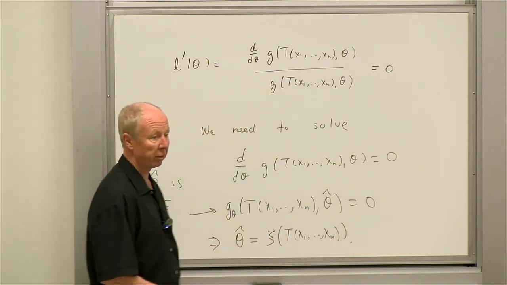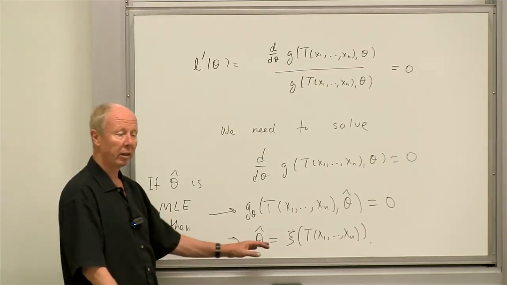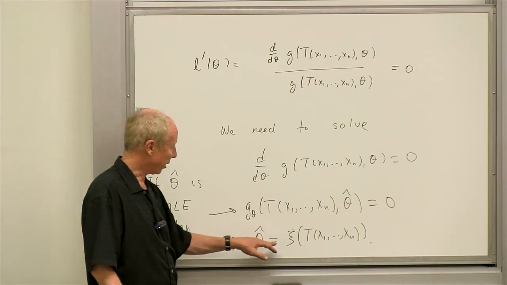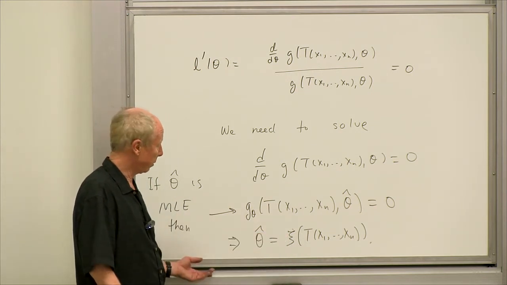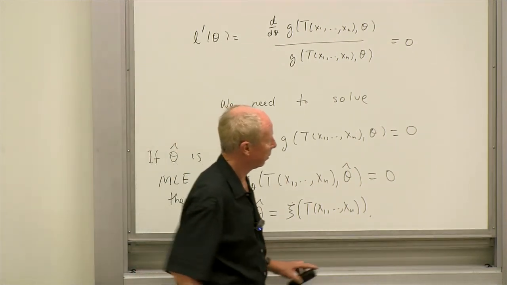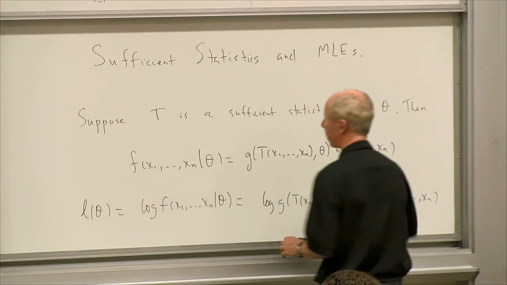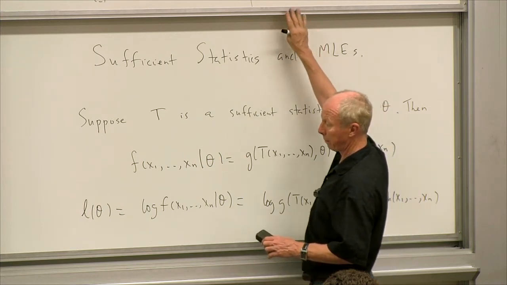MLEs are functions of sufficient statistics when they exist. So if you have a sufficient statistic, the maximum likelihood estimator has to be some function of it. Okay. So that's how sufficient statistics are related to maximum likelihood estimators.